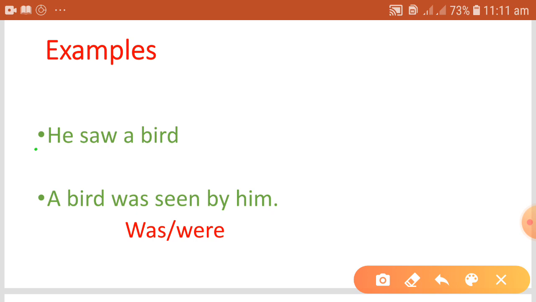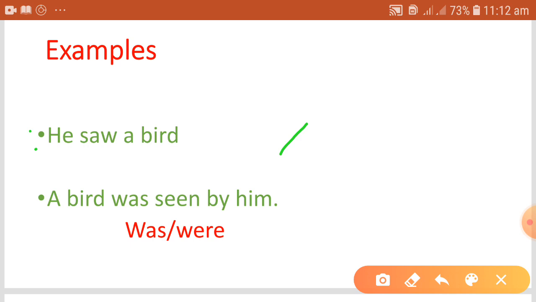So what changes occur when we change a sentence from active voice to passive voice? Here, while changing the sentence from active to passive, we need to find out something from the given sentence. So first we will see that active voice and find out some things. First we have to find out the subject from the sentence.